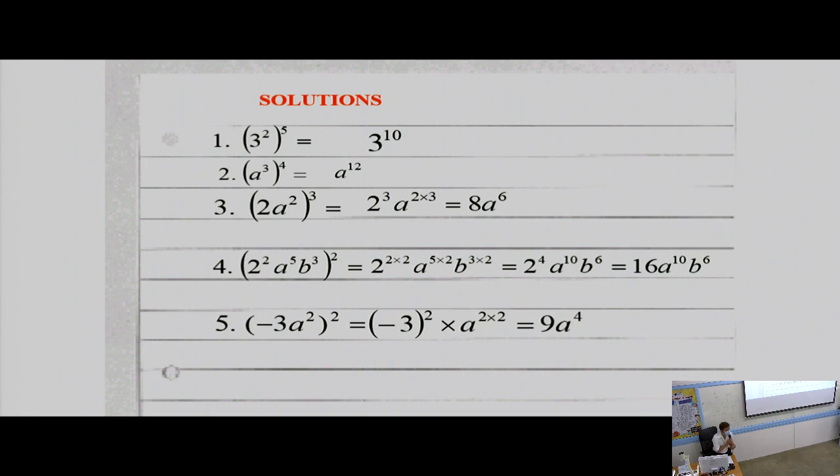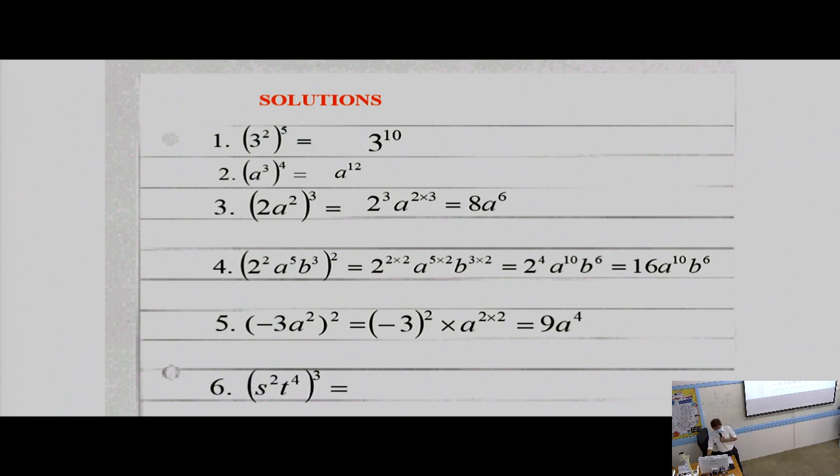Is it hard? But do you understand? No? The examples that I gave are the easiest examples.